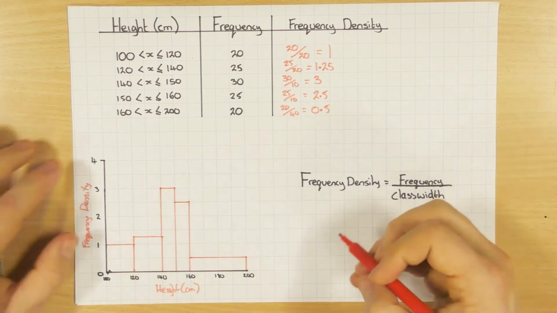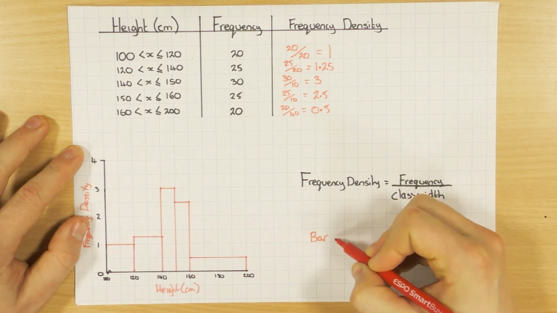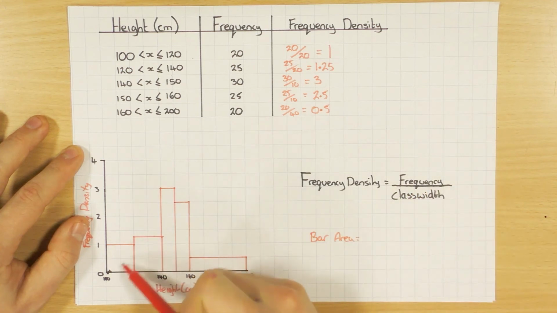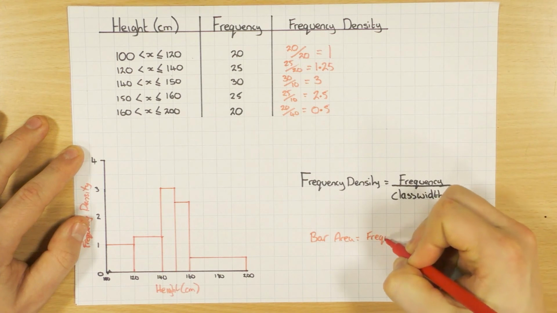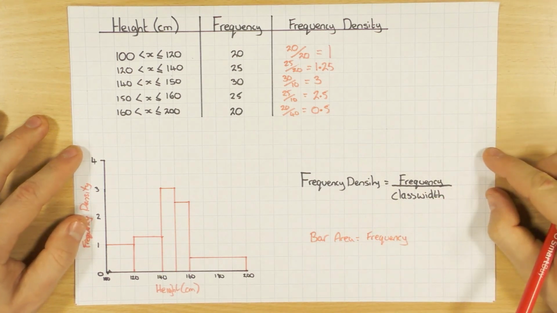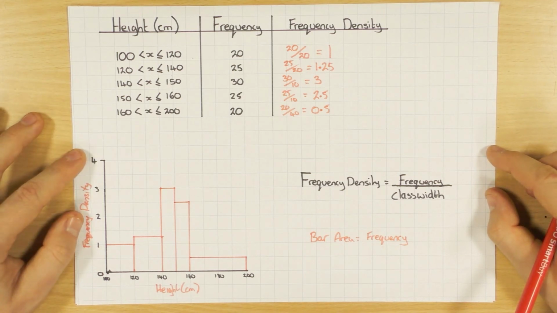Well, if you work out the area of each bar, the actual area equals the frequency, which makes it a lot easier to compare the bars, and it makes it a lot more accurate as well.